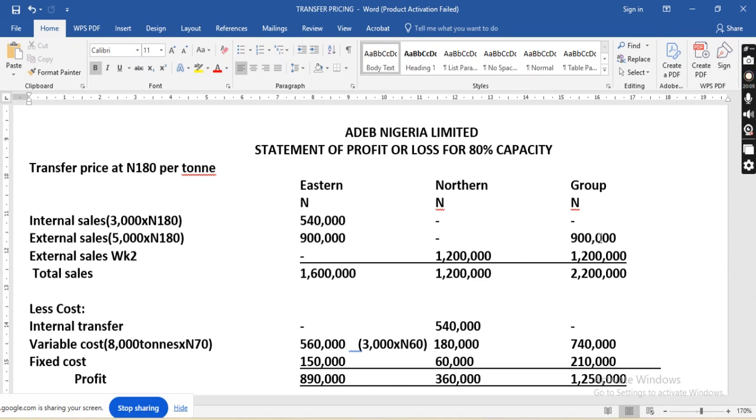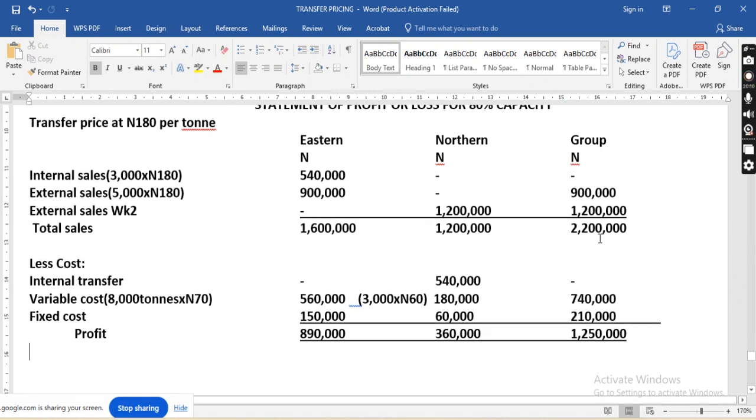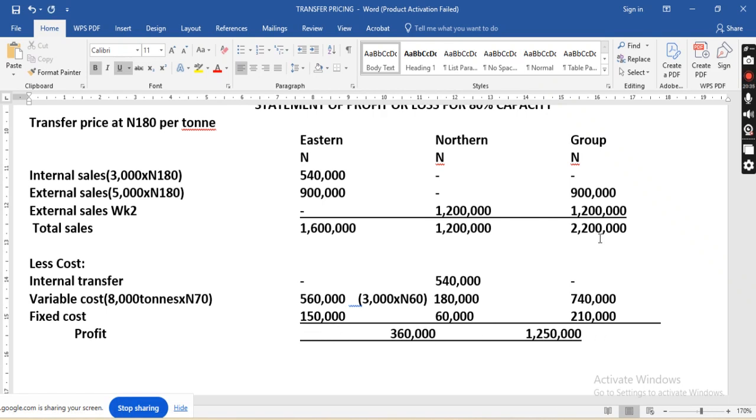So the external sales for the Northern, which is the buying division, still remain the same thing, right? So the only thing that will change is the transfer price. So what do we have here? What is the profit?